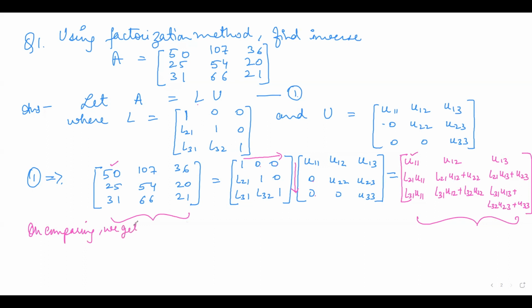So on comparing, we get the values. So it's very easy. The first row would be the same as the first row of the matrix A. So I'll get U11 as 50, U12 as 107, U13 as 36. Then L21 U11 is equivalent to 25.